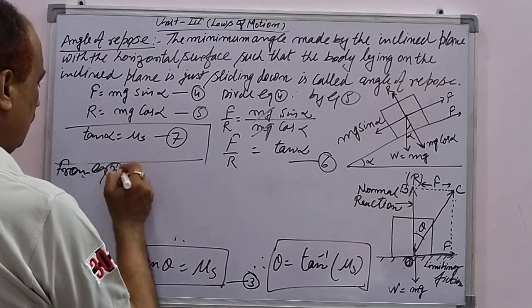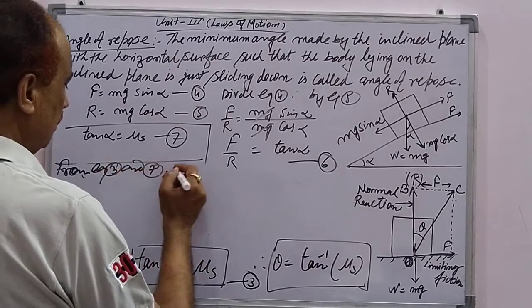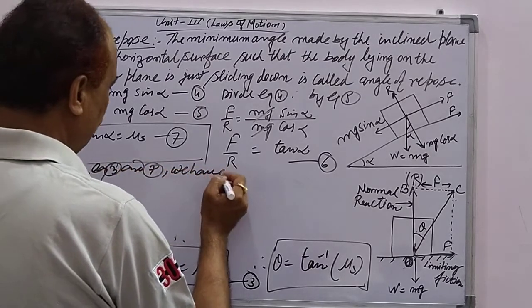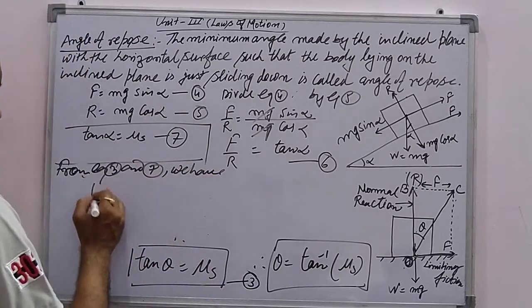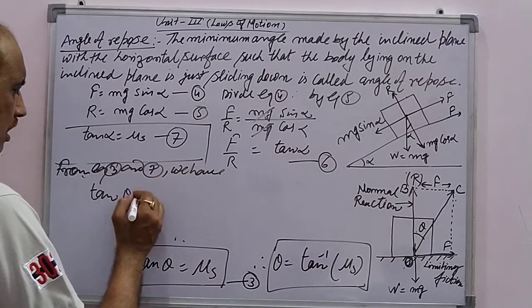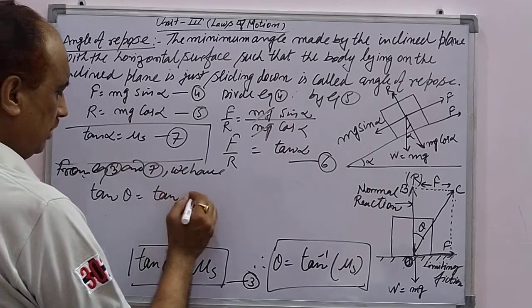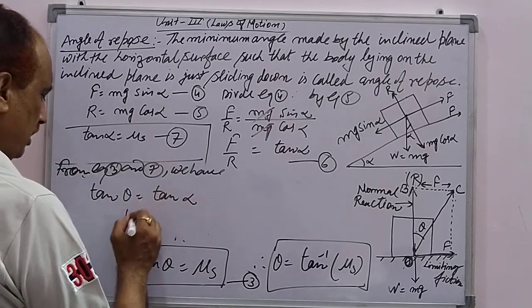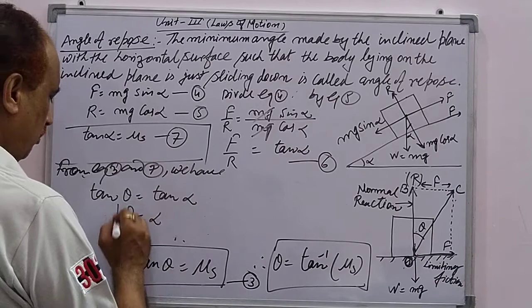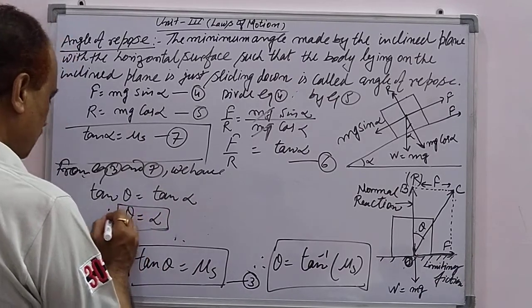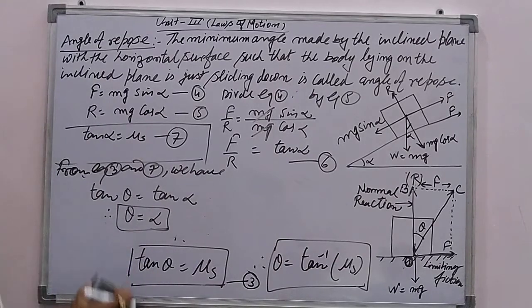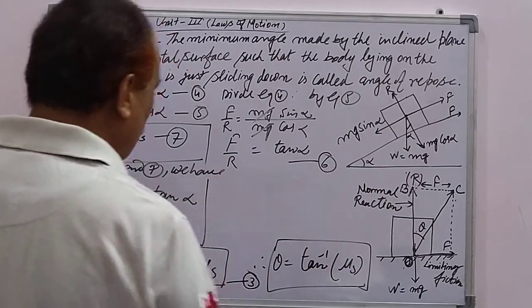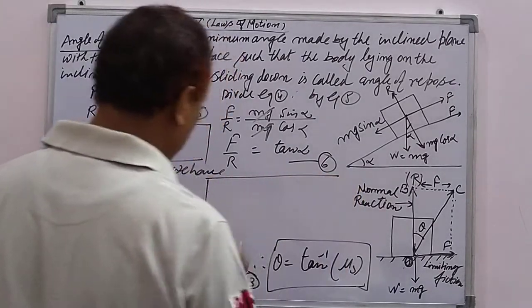Because both are equal to mu s, tan theta equals tan alpha. Cancelling tan on both sides, theta equals alpha. From this expression we can say that the angle of friction is always equal to the angle of repose.